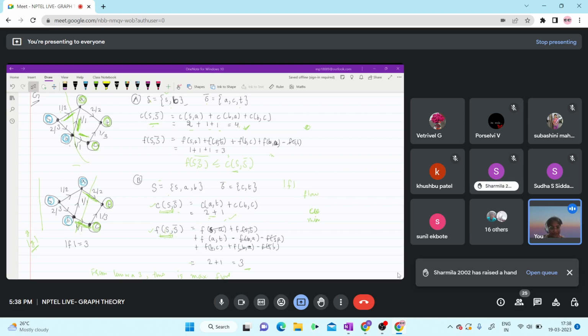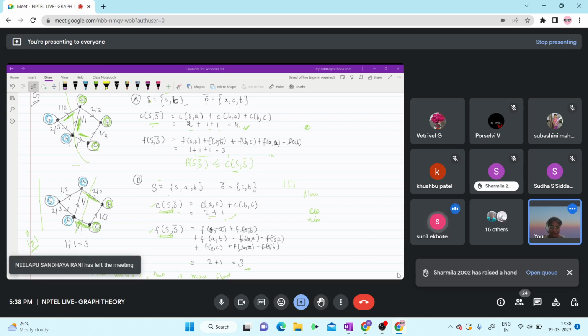So what do we mean by maximum flow? If we consider any other function g which is satisfying the conservation law and the capacity rule, and if we compute the flow value for that g, the flow value will come out to be less than or equal to that of f, because this flow value is maximum from lemma 3.